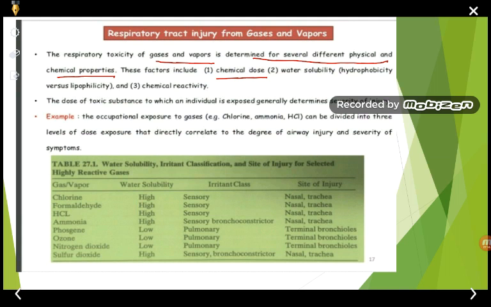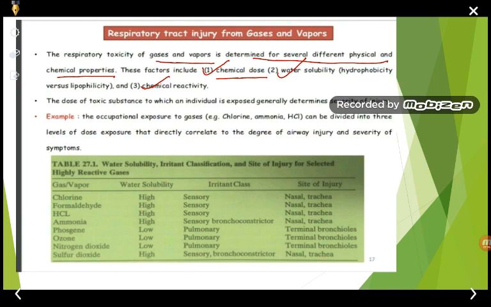So you can say that the respiratory tract injury may be caused by three sources. First is the chemical dose, second is the water solubility, and third is the chemical reactivity. So what are the different types of gases which are dangerous for the lungs, and when inhaled they cause injury?